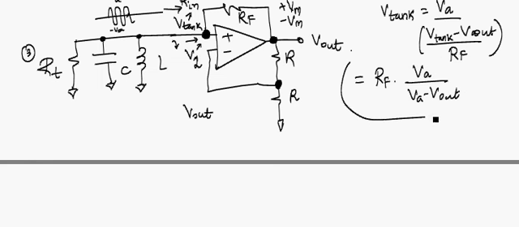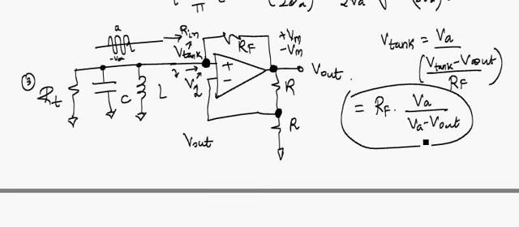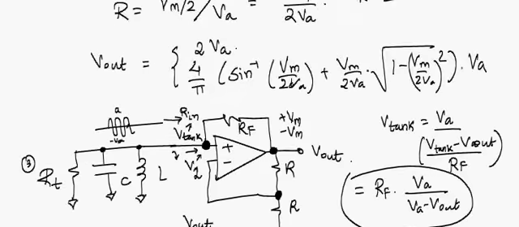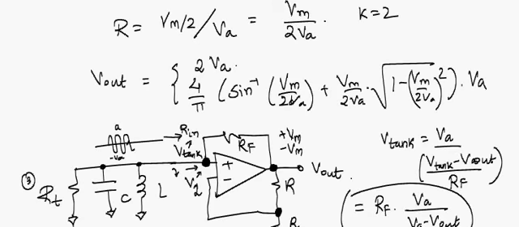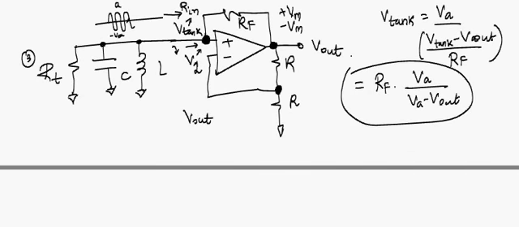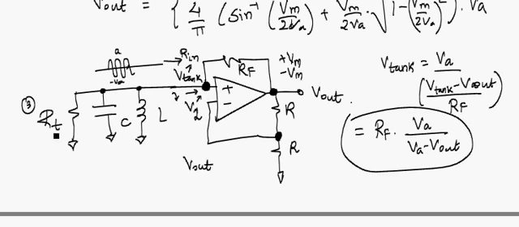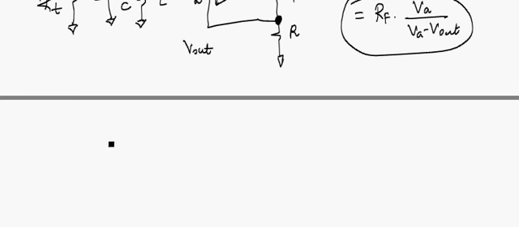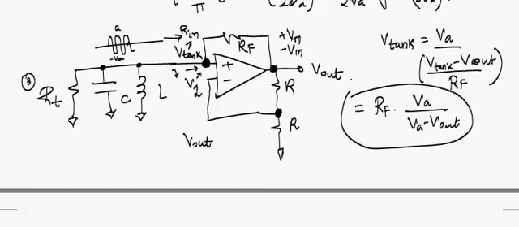Now of course this number has to be negative, because that's the negative resistance, and that basically means that VA is smaller than V out. That negative number's magnitude should equal RT. So RT is equal to minus of RF VA by VA minus V out, because that is what is going to give me an oscillation.